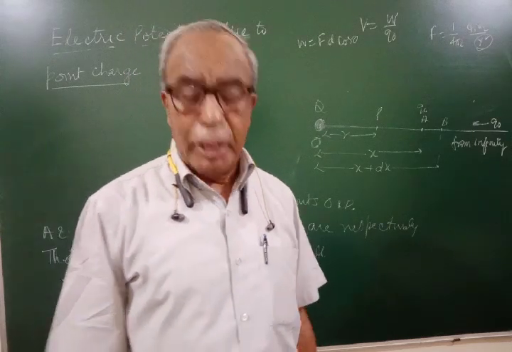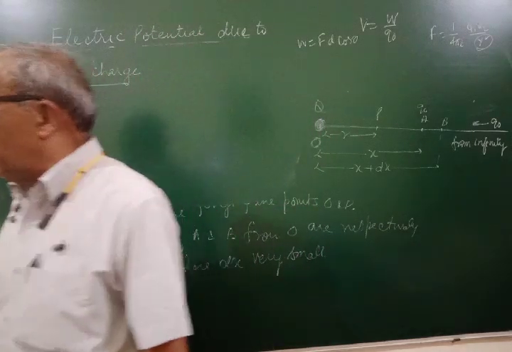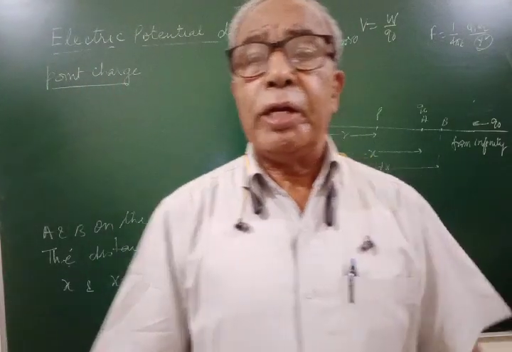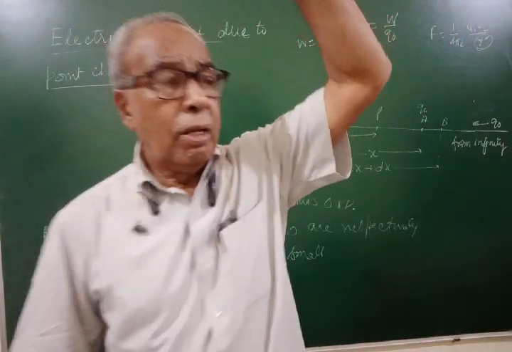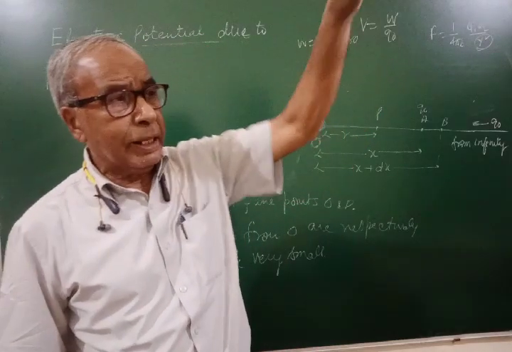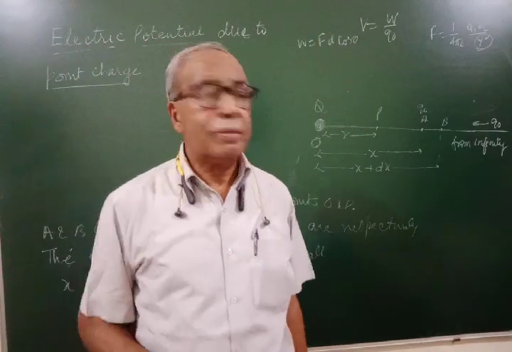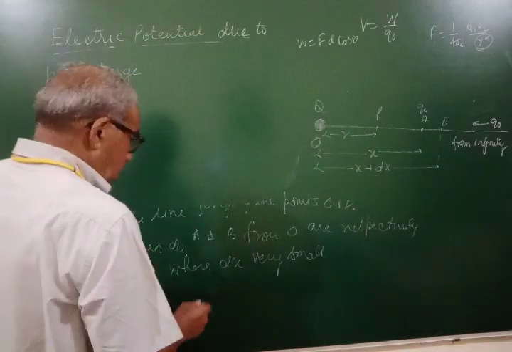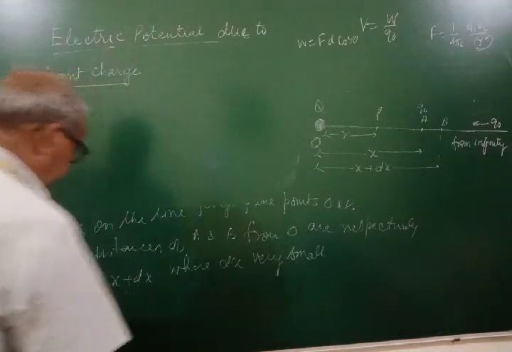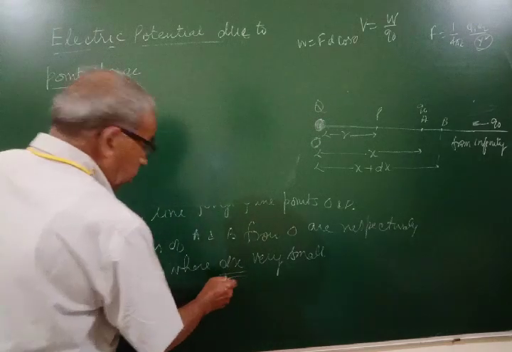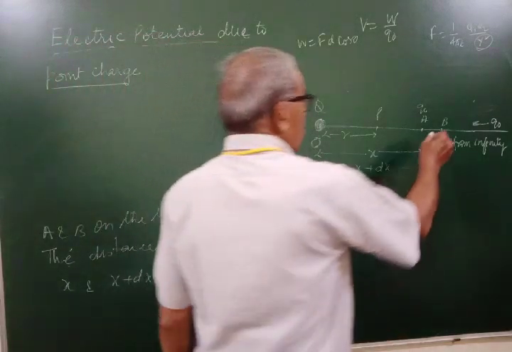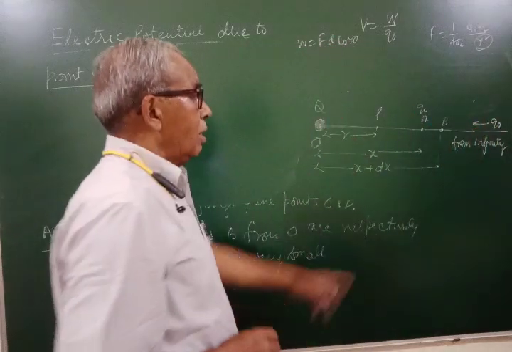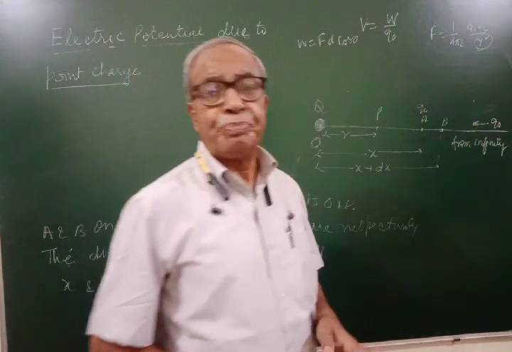Like you measure the weight of your body on the ground floor of your building and then on the top floor of the building. Your machine cannot tell the difference. You will get the same reading. The same way dx is so small that there occurs no variation in the force between Q0 and Q while carrying from B to A.